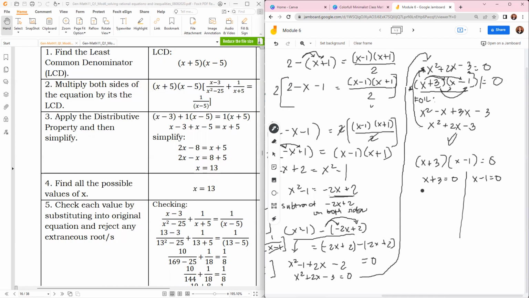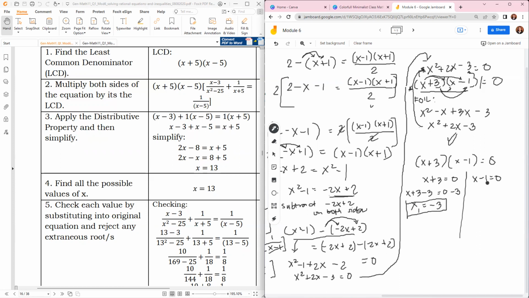So what about x plus 3? To isolate the value of the first x, we are going to subtract 3 on both sides. So that would be x plus 3 minus 3. It would be 0 minus 3. So 3 minus 3 is equal to 0. And 0 minus 3 is equal to -3. So this is our first value of x. So x1 is equal to -3.